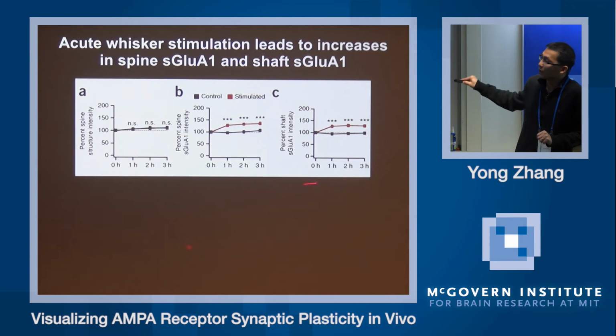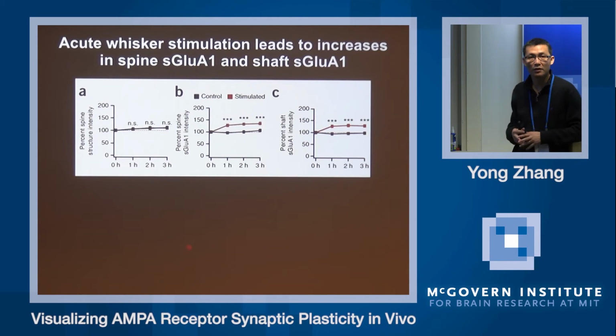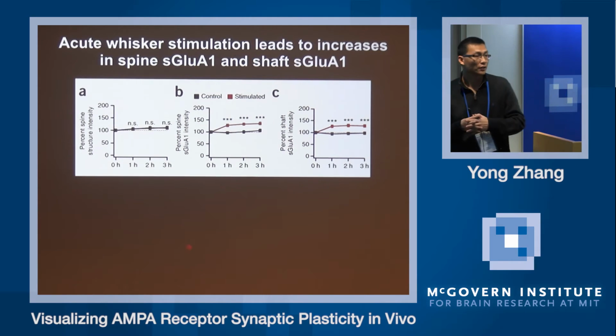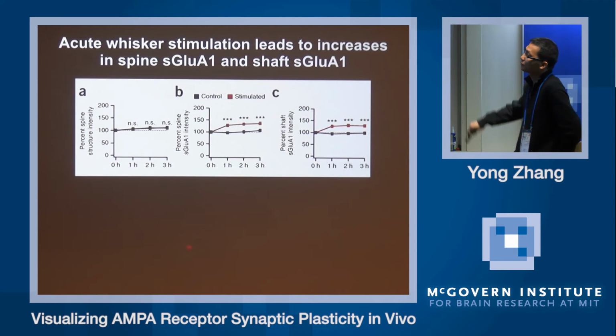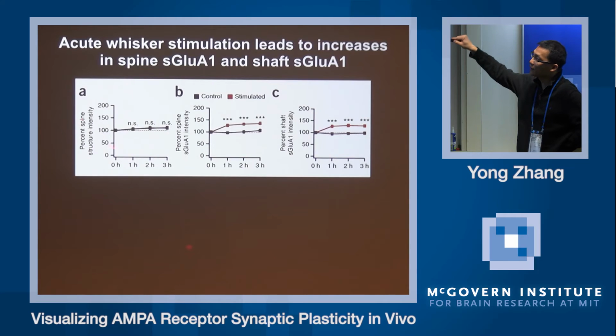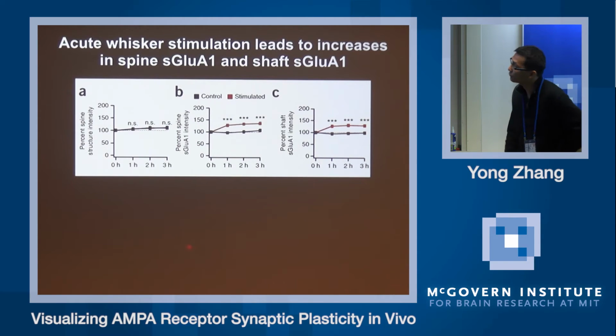So here is a quantification of all the spines we imaged. Overall, we imaged about 600 some spines in the stimulated group and 500 some spines in the control group. As shown here, if we look at the change of the spine size before and after whisker stimulation, we don't detect much change. There is no difference between the stimulated group and the control group.